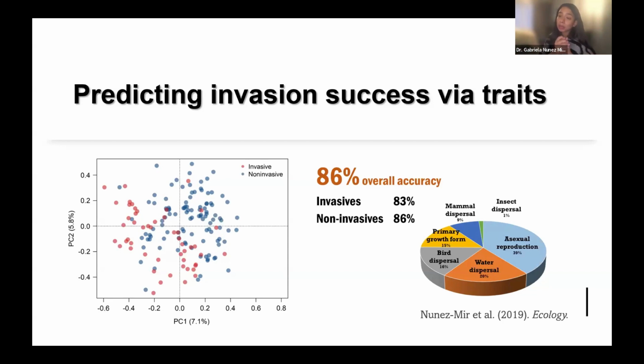We saw that these roots had lower root tissue density and longer specific root lengths. It just means that these are roots that are made very cheaply, as I said before. So not expending a ton of resources into this, but still growing very fast and very long.